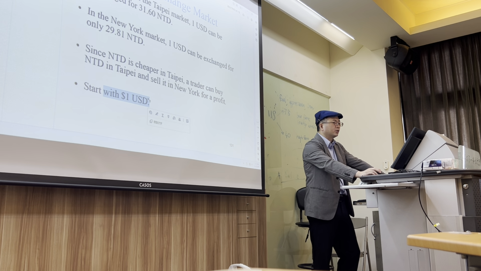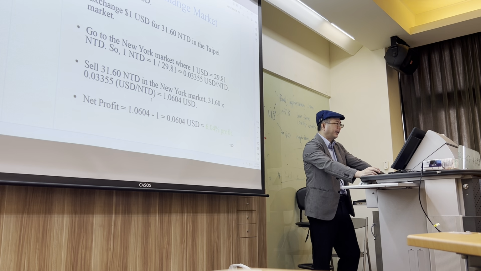So we start with 1 USD first. Starting with 1 USD, you can exchange it for 31.6 New Taiwan dollars in Taipei. Now you bring the money to New York, where 1 unit of New Taiwan dollar can be exchanged for 0.033 USD. Then you can sell the 31.6 New Taiwan dollars in New York to obtain about 1.06 USD.